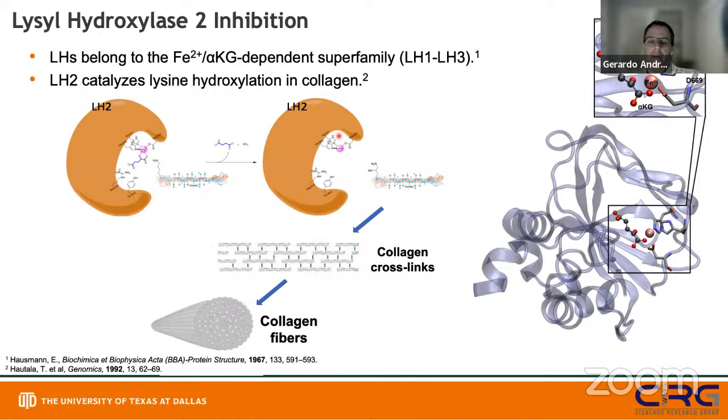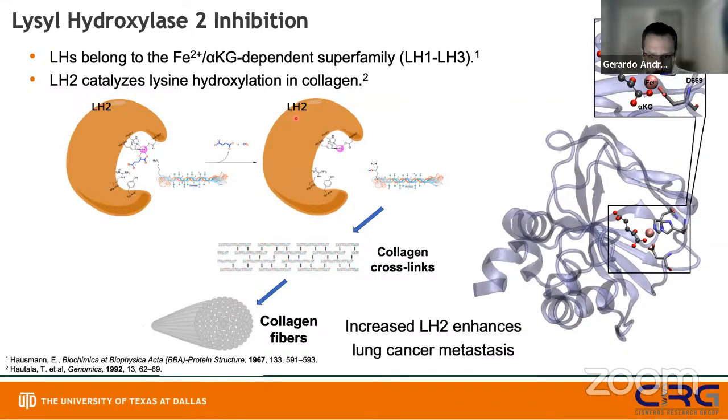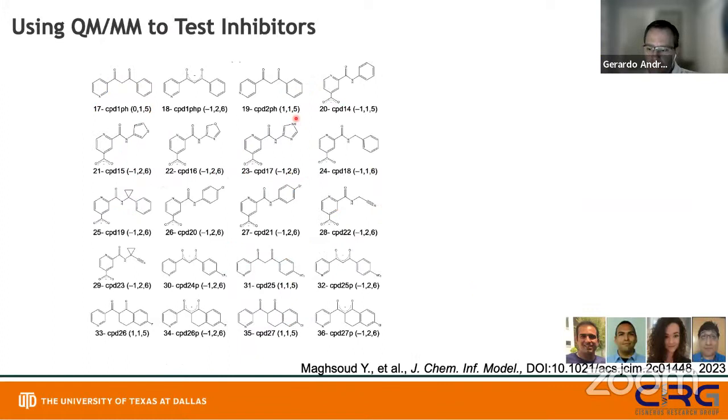And so one hypothesis is if we can develop inhibitors for LH2, then we can avoid metastasis. And LH2 is also known to be overexpressed in lung cancer. So in collaboration with experimental and other theory colleagues, we developed a way to use QM/MM to test inhibitors.